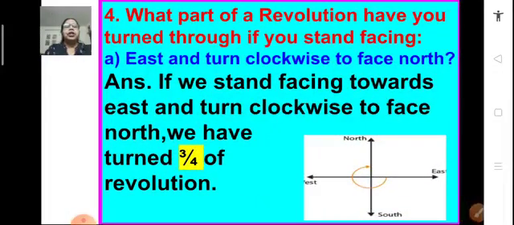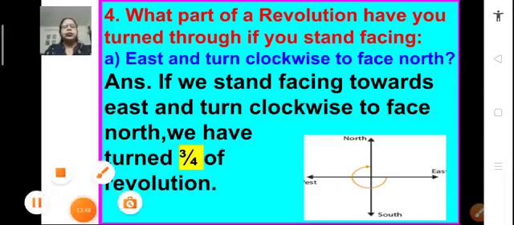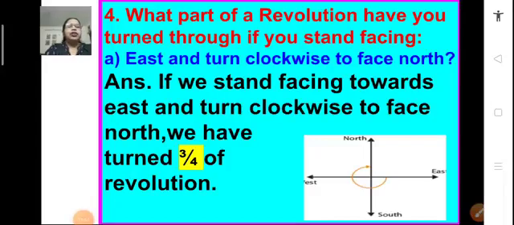Now question number 4. What part of a revolution have you turned through if you stand facing east and turn clockwise to face north? That means if you are facing east and you turn clockwise and come to face north, what part of a revolution have you taken?